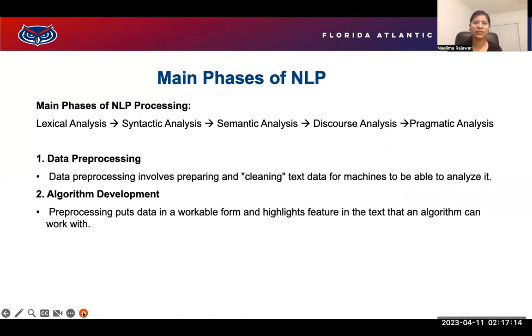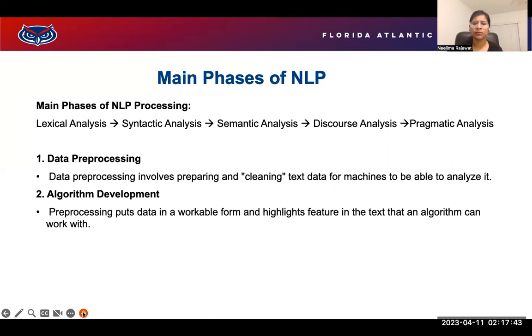The main phases of NLP processing are: first, lexical analysis, second, syntactic analysis, third, semantic analysis, then discourse analysis, and then pragmatic analysis. These are the different phases of NLP processing. Other than that, data preprocessing is one of the important factors here.